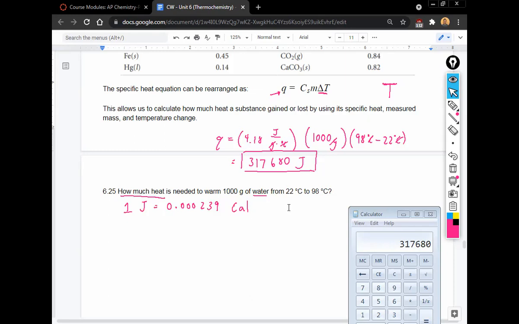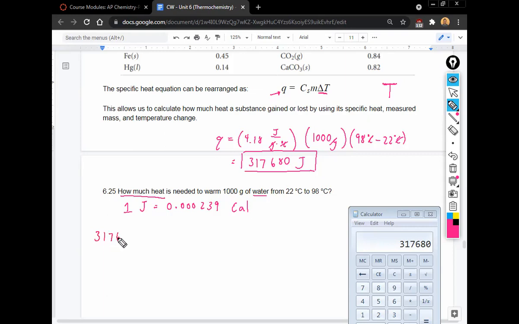And so here we can figure out how much energy that is. I know, fun, right? It's a lot of energy, right?